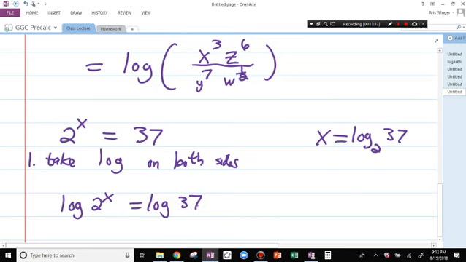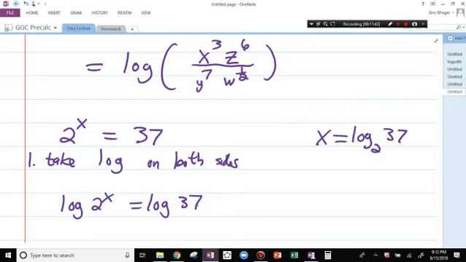Now what does the power rule allow me to do with this x? I can put it in front. Right. And this is the moment that we've been waiting for. The x was in that power, and we were just like, well, how in the world are we going to get that by itself? How are we going to get the x out of the power, right? When we have 3x equals 12, it's clear how to get x by itself.